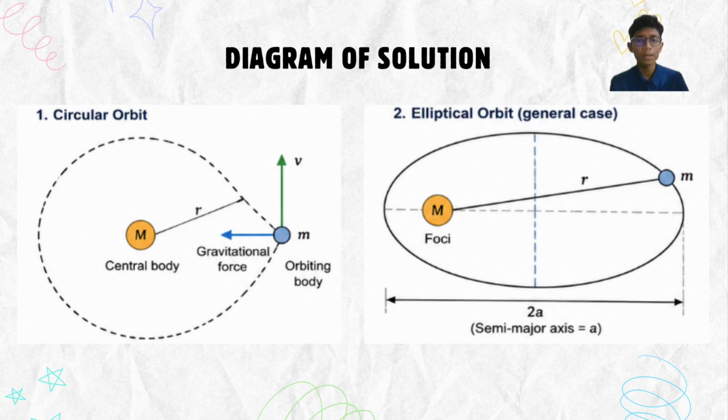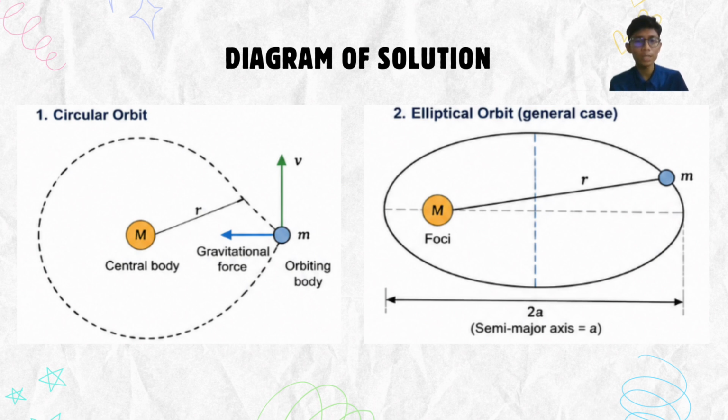On the right side is the elliptical orbit, which is the more general case. Unlike the circular orbit, the central body is located at one of the two foci of the ellipse, not at the center. Because of this, the distance r between the orbiting body and the central body changes continuously as the object moves along its orbit.